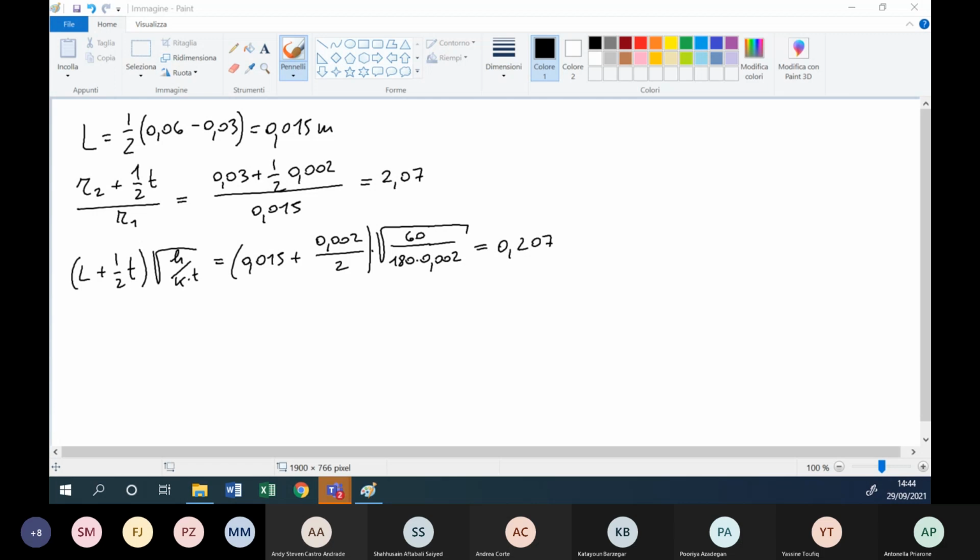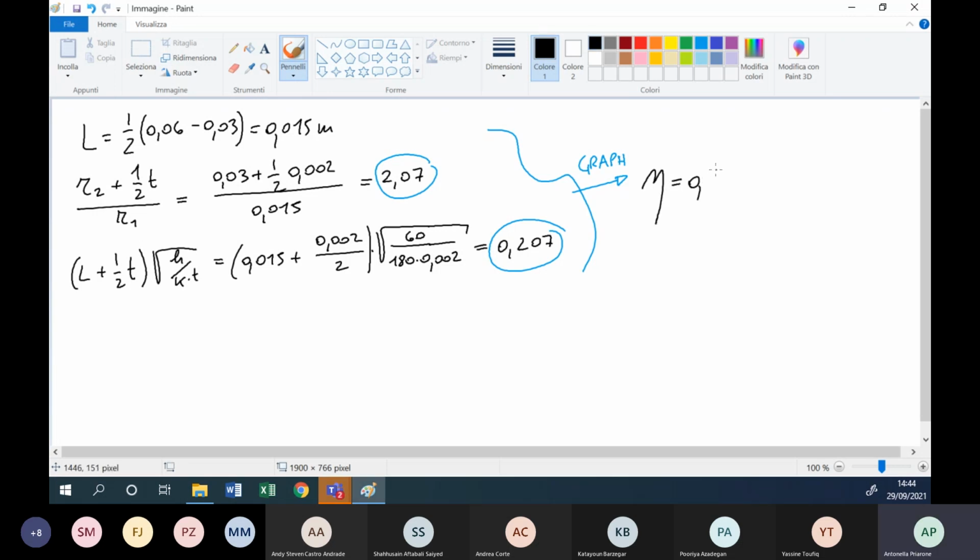Introducing this value and this value inside the graph, I can read directly from the graph that eta is equal to 0.96. Okay?